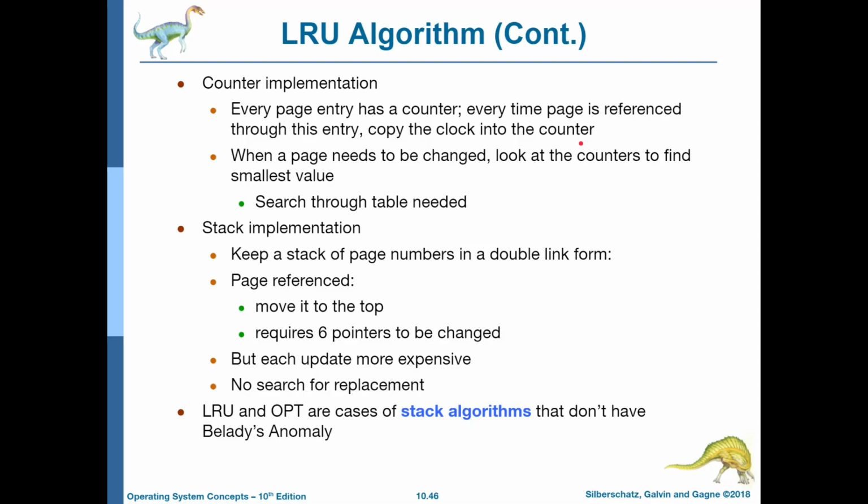So one way to manage this is to have every page table entry have a counter, and every time a page is referenced, you will copy the clock into this counter.